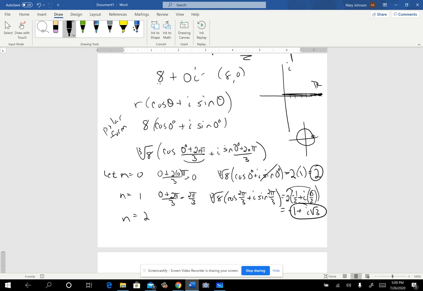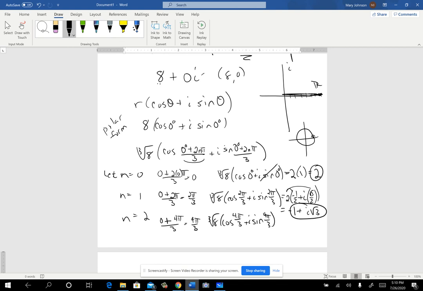Here's another one, and then the last one will come from n equal 2. So 0 plus, now I'm going to put 2 in, that would be 4 pi, all divided by 3, so 4 pi over 3. So I'm going to have the cube root of 8 times the cosine of 4 pi over 3 plus i sine of 4 pi over 3. So think about where you are with 4 pi over 3. You're over there in the third quadrant.